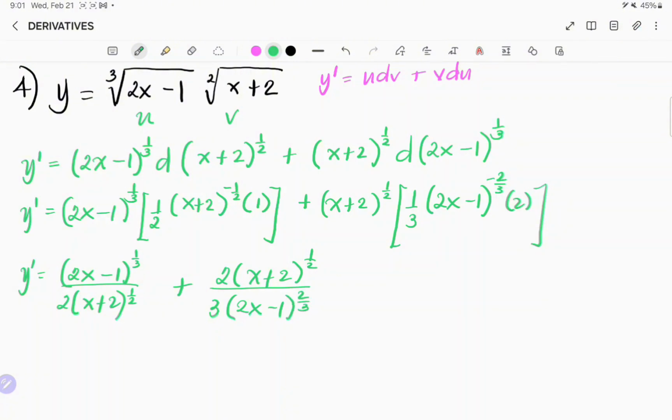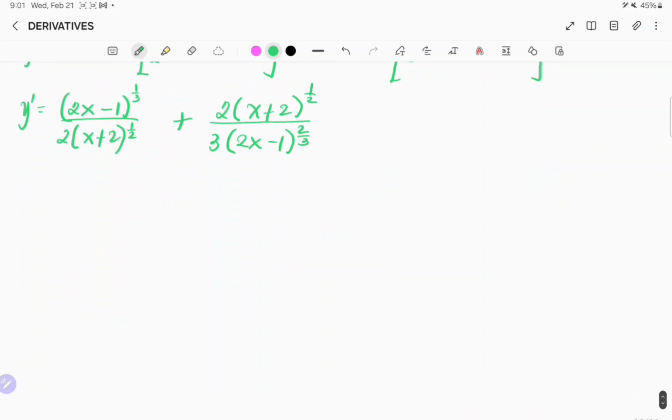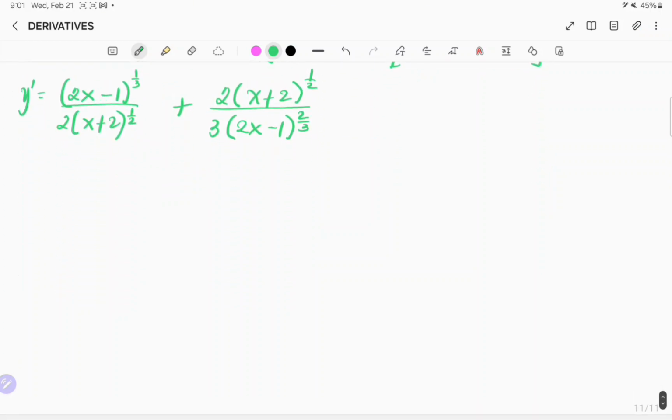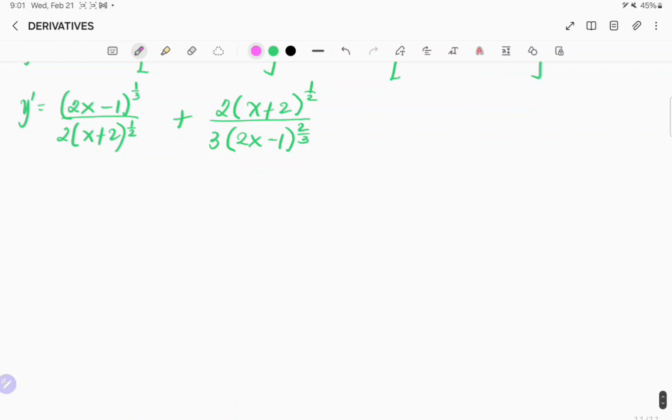At this point of the solution, we have to get the LCD of both terms. So the LCD is going to be 2 times 3 times x plus 2 raised to 1 half and 2x minus 1 raised to 2/3.